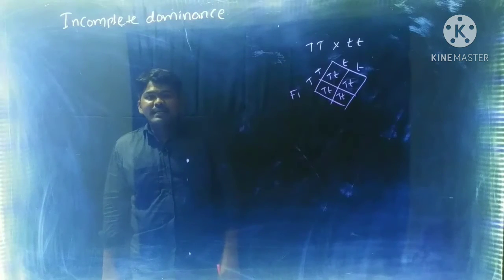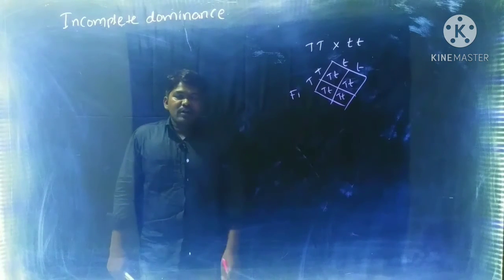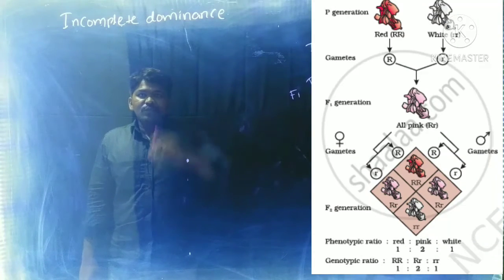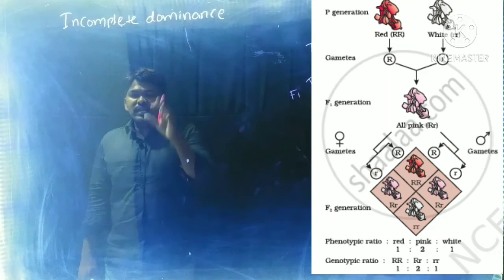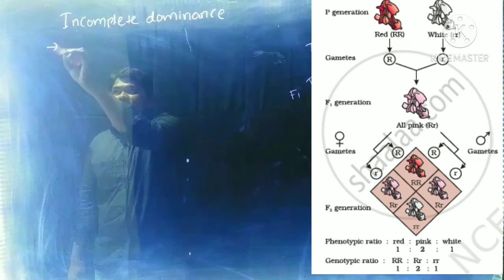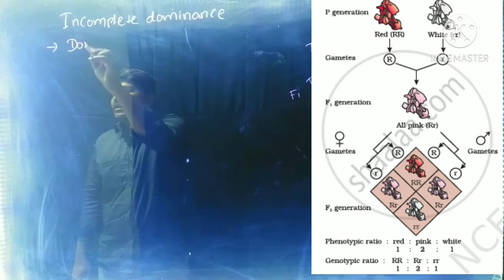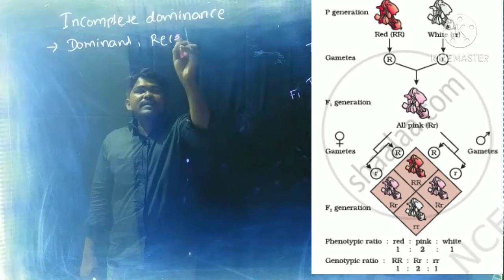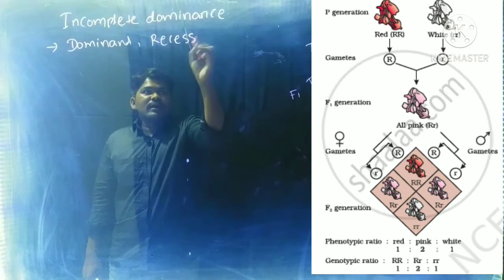But incomplete dominance does not follow Mendel's law of dominance. In incomplete dominance, there are two alleles. One allele is called the dominant allele, and another allele is called the recessive allele.